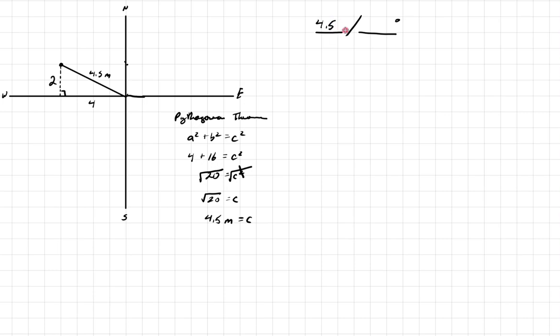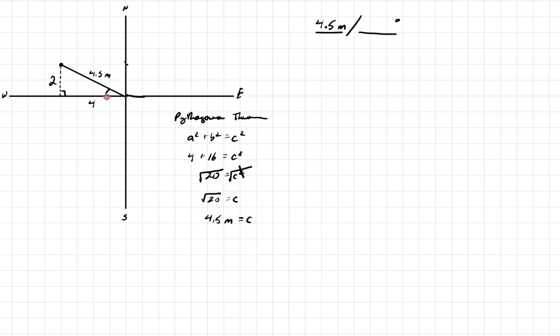Okay? And in algebra, we didn't use the unit of measure, but here we're going to use the unit of measure, 4.5 meters. So now that we know the length of the distance from the beginning point to the ending point, which is the hypotenuse of this right triangle, we put that in here. Now we can use that to help us find this degree of measure here.